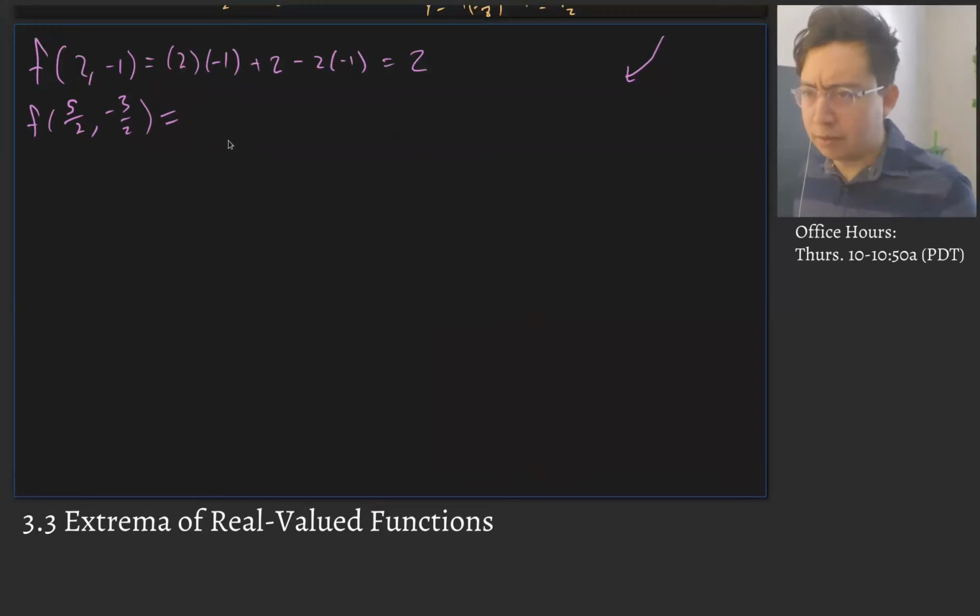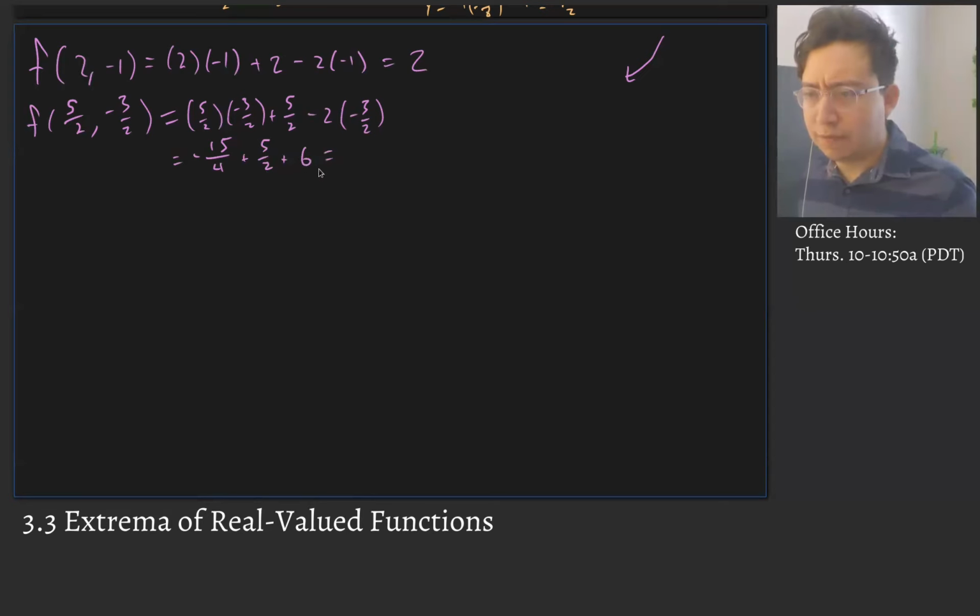This is going to equal 5/2 times negative 3/2 plus 5/2 minus 2 times negative 3/2. So this simplifies to negative 15/4 plus 5/2 plus 6.